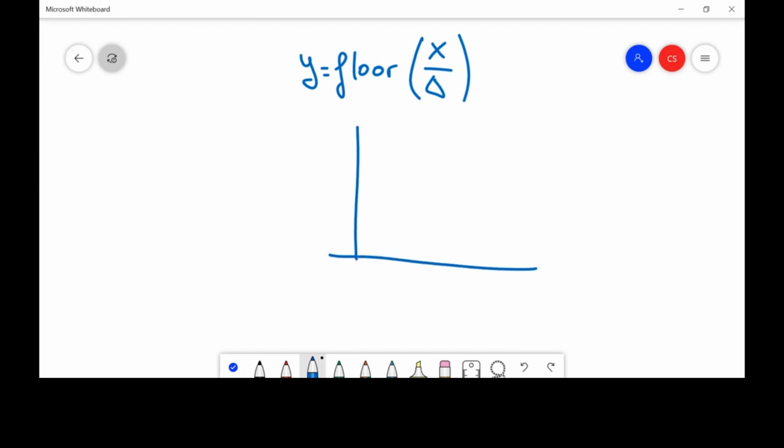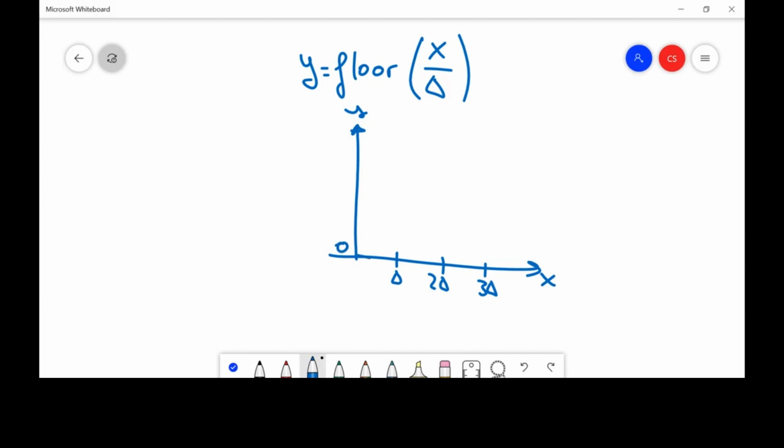Okay, so now we will represent x, y. We can imagine that delta plays an important role in this floor, so I will mark delta, 2 delta, 3 delta. For all x between 0 and delta, what is the rounding down? It is 0.